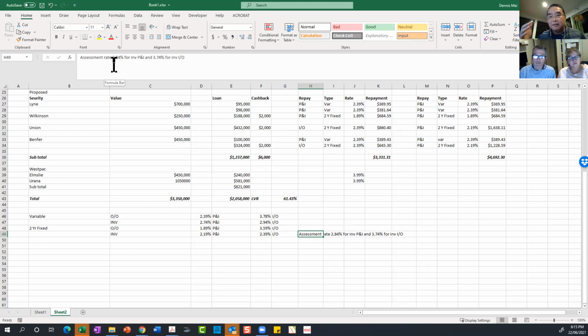They don't use the interest you pay. Rather, for each product, they have a different assessment rate. So for an investment loan, principal plus interest repayment, the assessment rate is 2.84%. They use 2.84%, the real rate, to make sure that if there is a shift in interest rate, we can afford it.